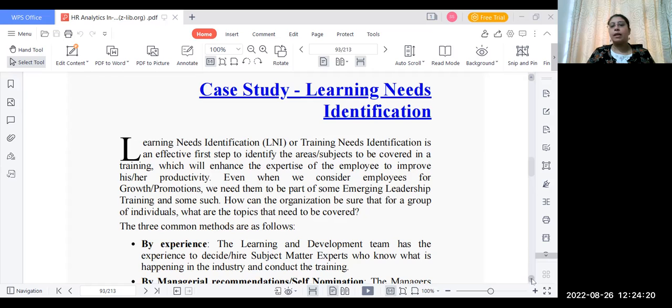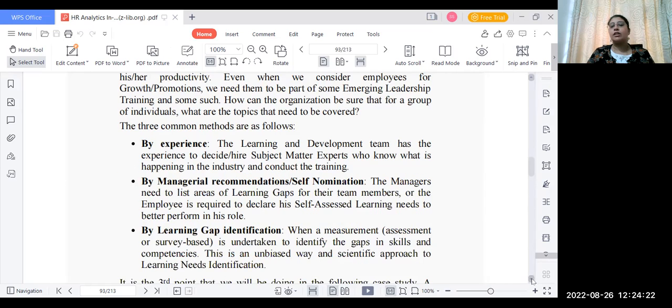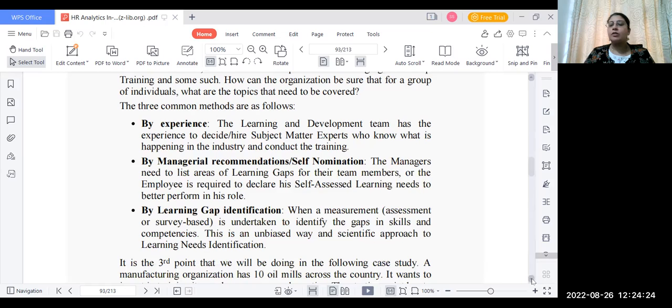The three common methods for learning need identification are either by experience, where the learning and development team has the experience to decide or hire subject matter experts who know what is happening in the industry and conduct the training.